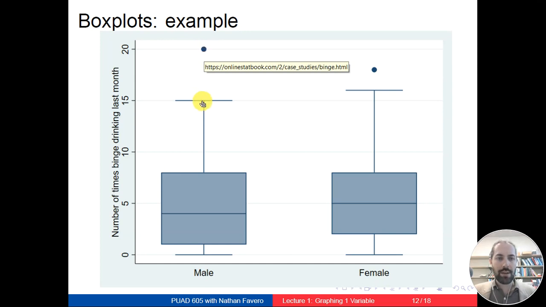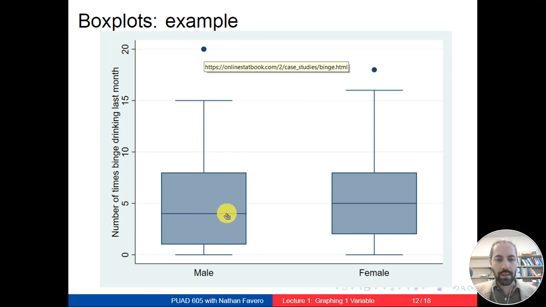That is not being counted for the range. So the whisker, instead of coming all the way out to 20, is just coming to 15, because if we exclude this outlier, or maybe there's more than one outlier right here, could be more than one person who said 20, then at that point we can see that the maximum among the remaining respondents, if you exclude the people who said 20, is going to be 15.